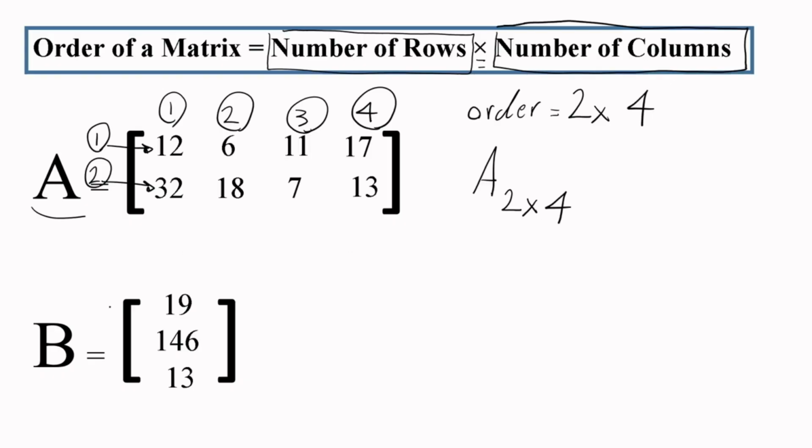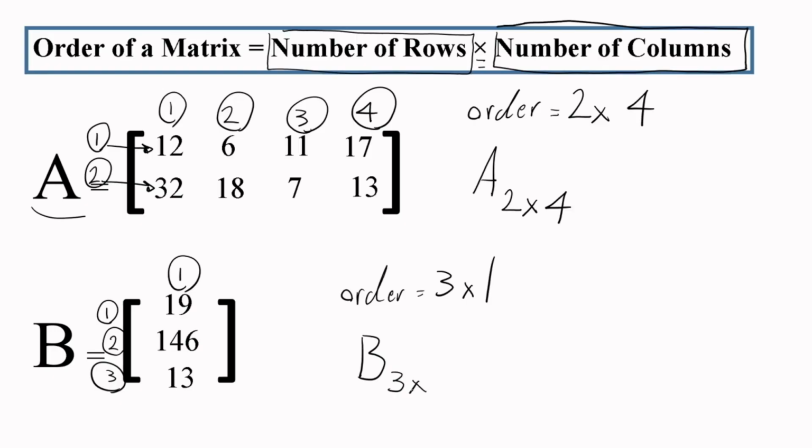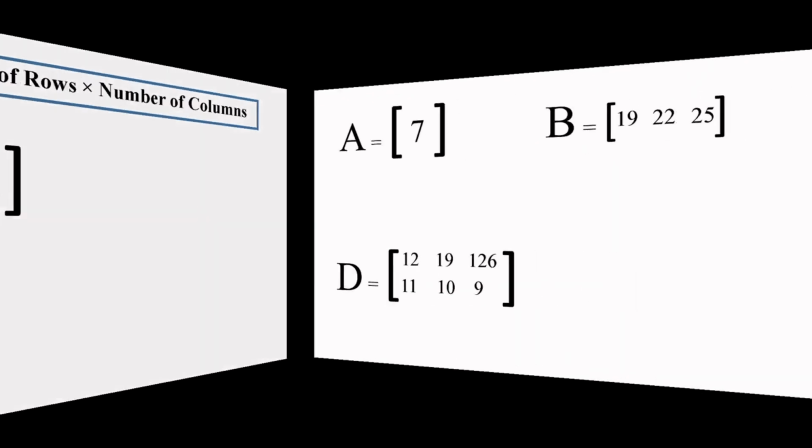What about this one? How many rows do I have? I have 1, 2, and 3 rows and only 1 column. So the order of this one will be 3 by 1, and I can write B 3 by 1. This is the way that I show the order of a matrix.